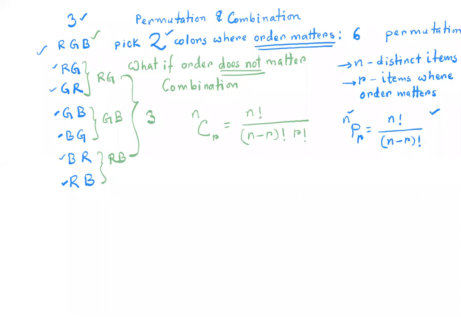I have put the formulas side by side so that you can do a comparison. The only difference between these 2 formulas is that combination has an extra r factorial at the bottom. Otherwise, it is the same.